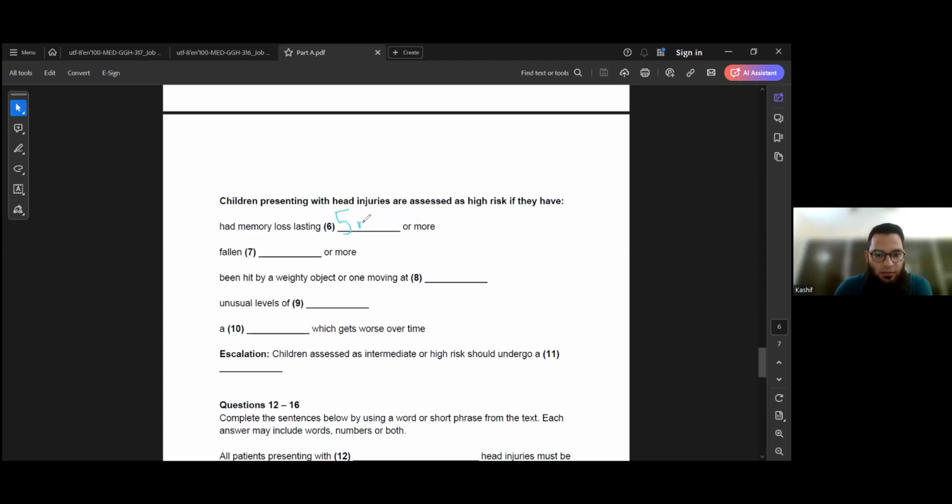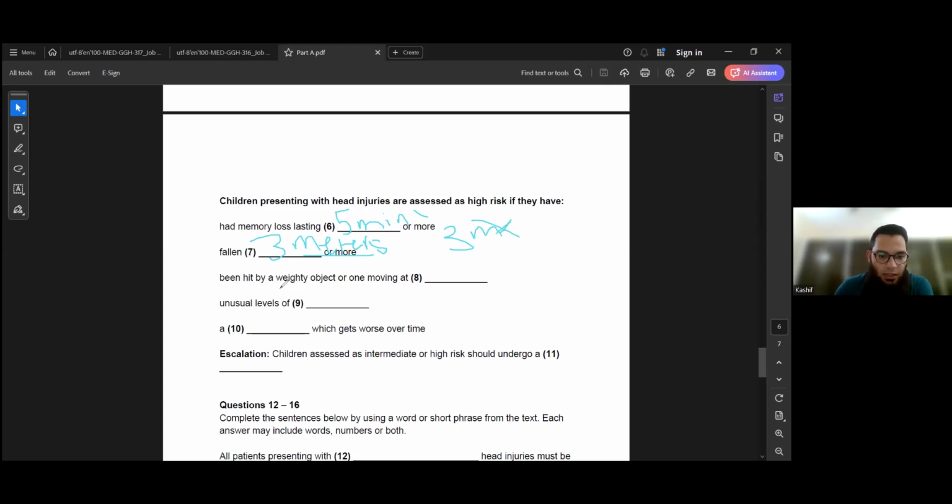So 5 minutes. Okay, fallen 3 meters. Now please, in meters, always make sure that you write meters in full letters. Please do not write it like 3m. That is wrong. Anybody who has written it like this, it is wrong.